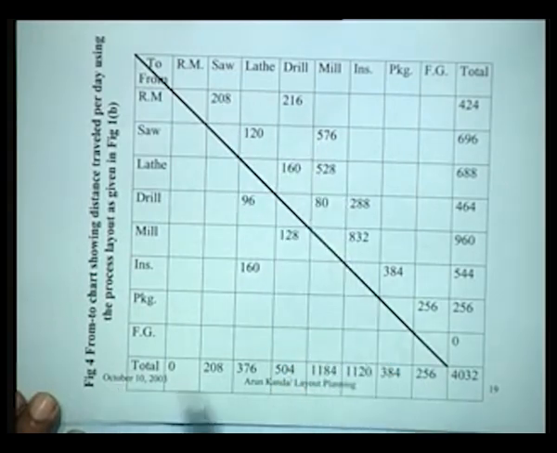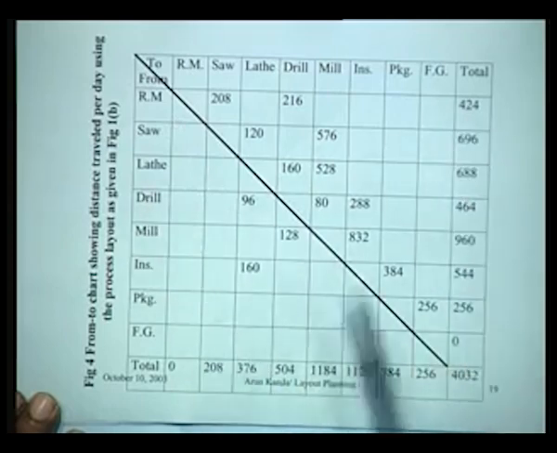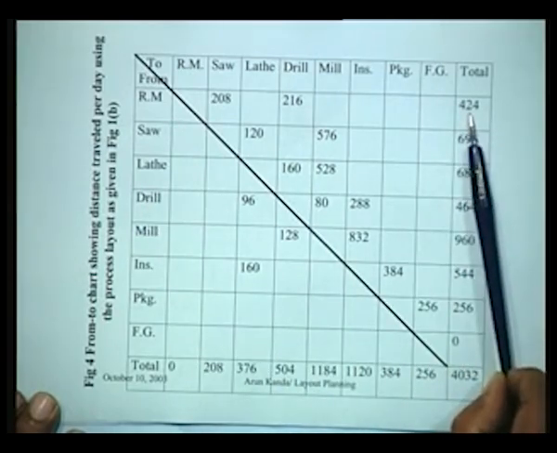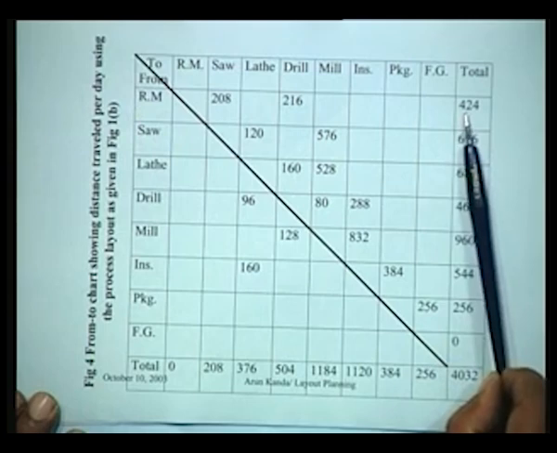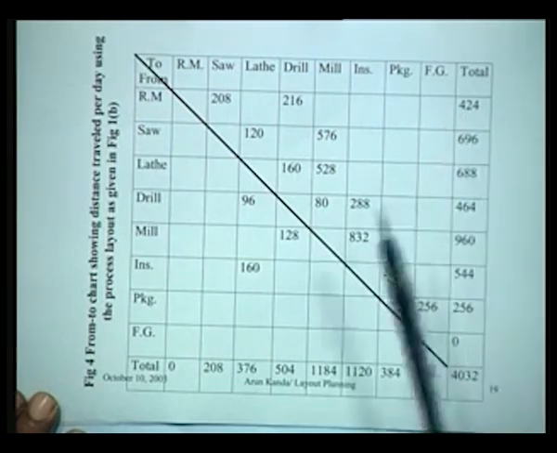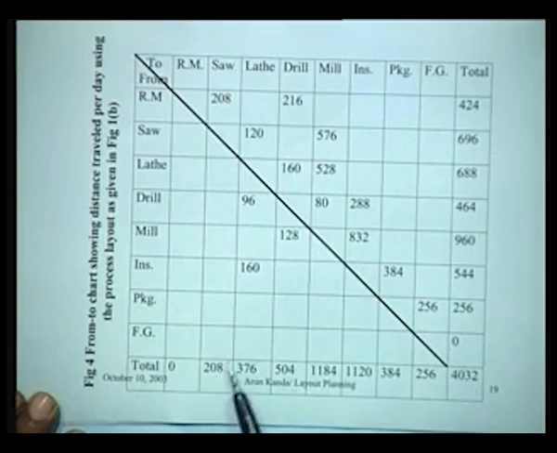So you will have these entries here. We can sum up the rows. You will get 424 as the material handling effort. So total material handling movement from the raw material is 424 units, and total material handling movement to the saw is 208.